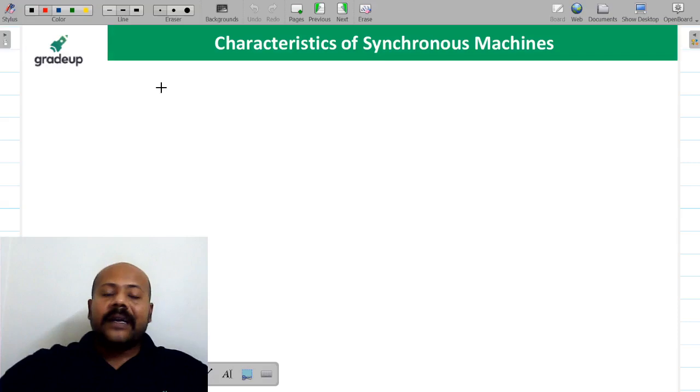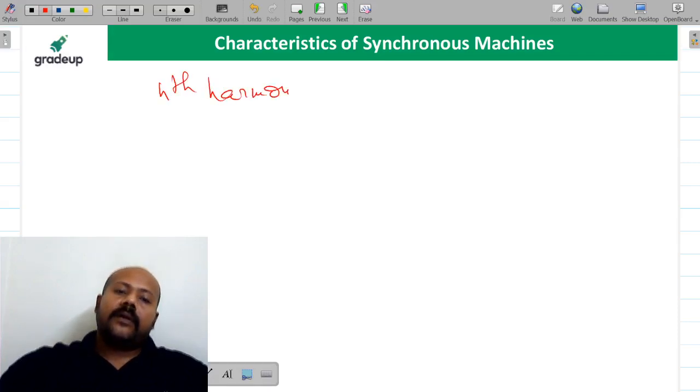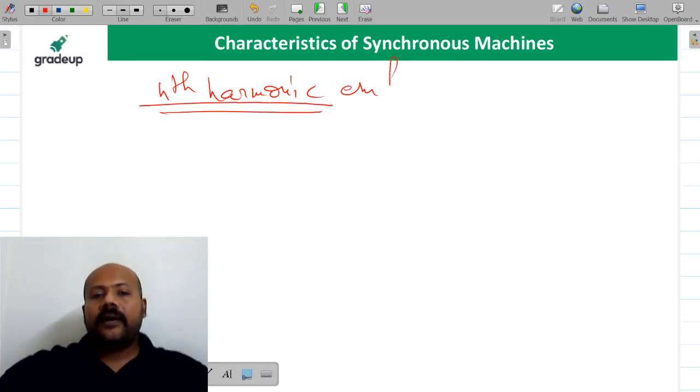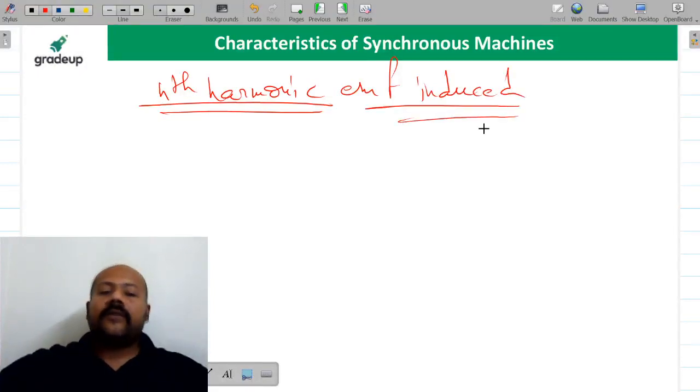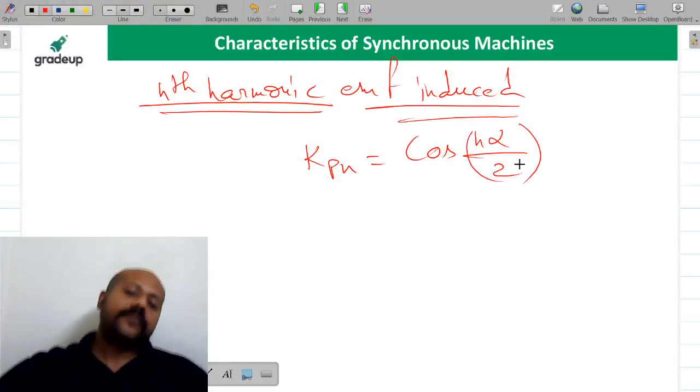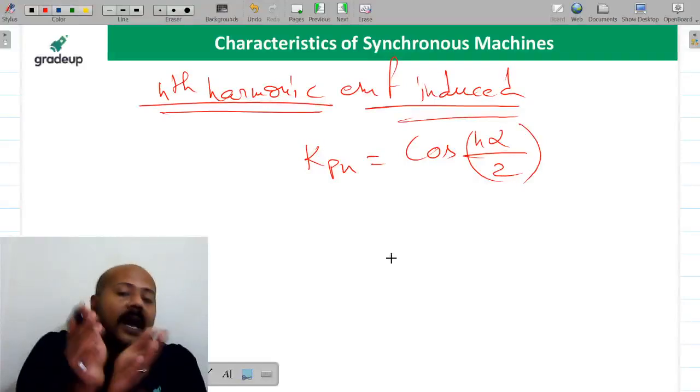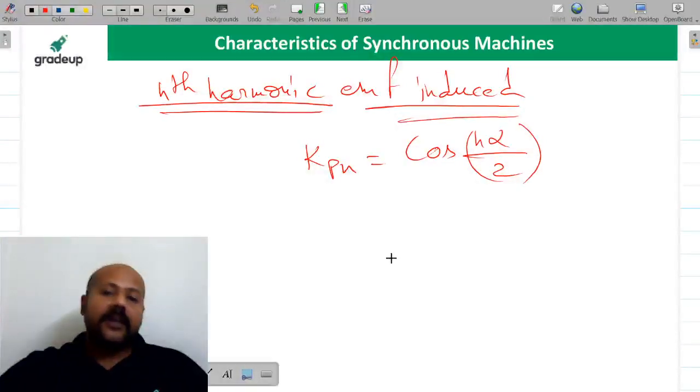Now if you are writing it for the nth harmonic EMF induced, this factor is going to be cos n alpha by 2. But you don't want harmonics in your output induced EMF, yes or no?